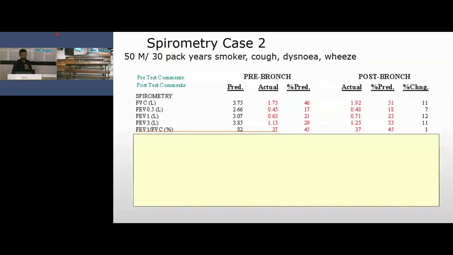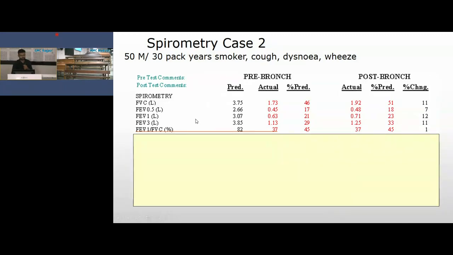Second spirometry: a 50-year-old male, 30-pack-year smoker with complaint of cough, dyspnea, wheeze. First, look for the FEV1 by FVC value. Normally the FEV1 by FVC ratio should be more than 0.7, but in this case it is 0.37.